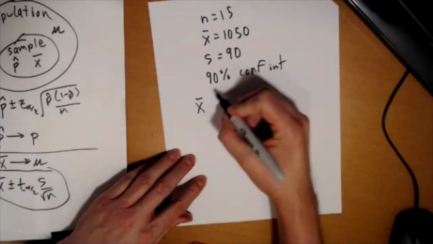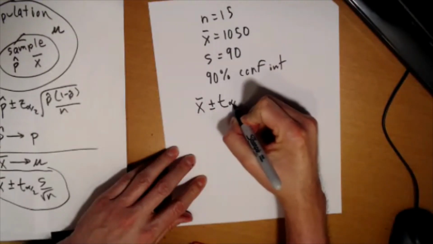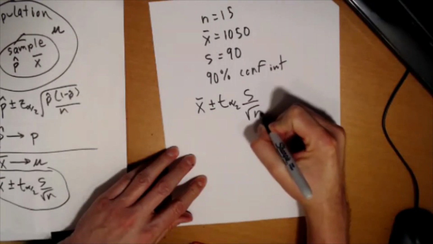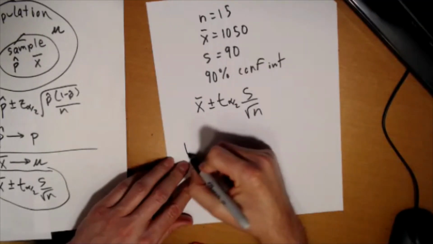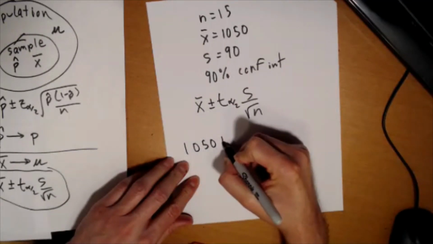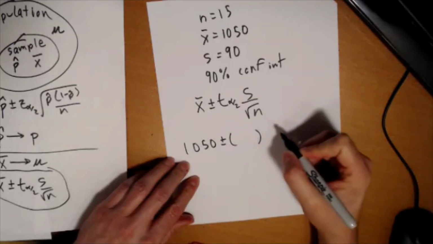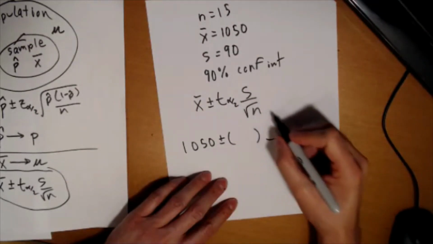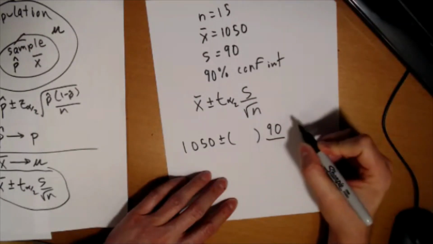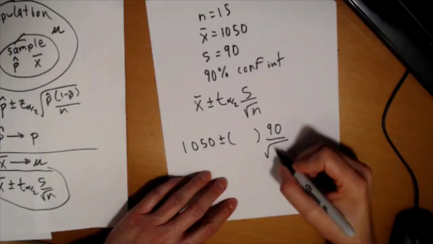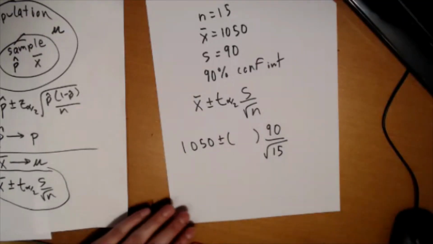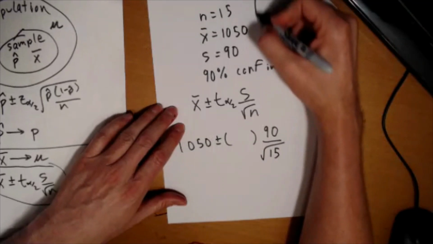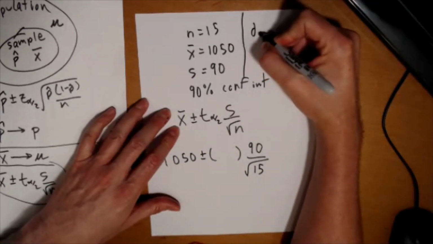So x bar plus or minus t alpha over 2 s over root n: 1050 plus or minus t alpha over 2, let's leave that blank for a second, s, the sample standard deviation, is 90, over the square root of n, 15. Okay, so here's a complicated idea, and right now you're just going to need to go along with it.